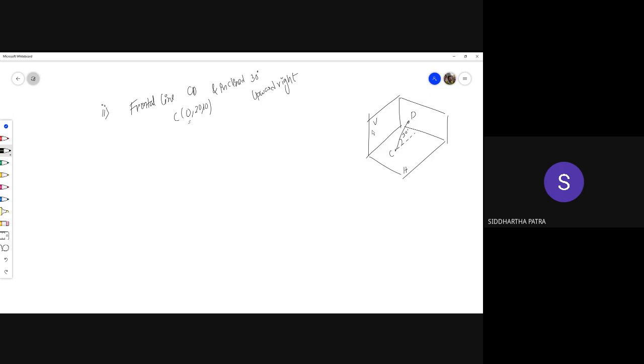And we also know that when we look at this line in the front view, or normal to the vertical plane, we see the so-called true length of the line.